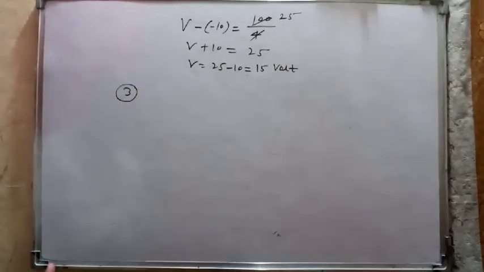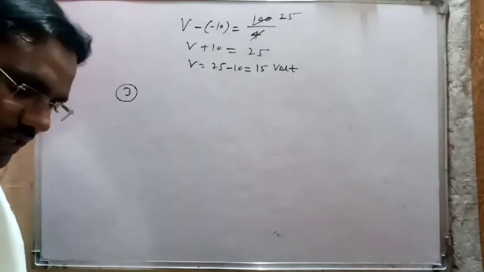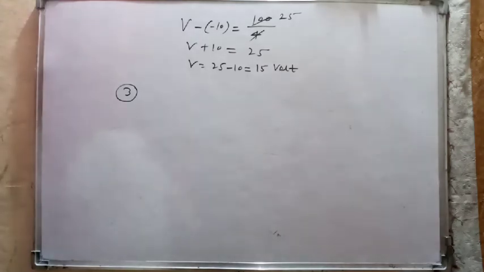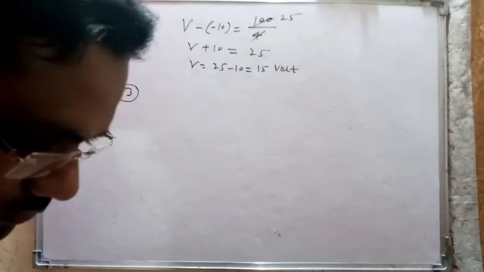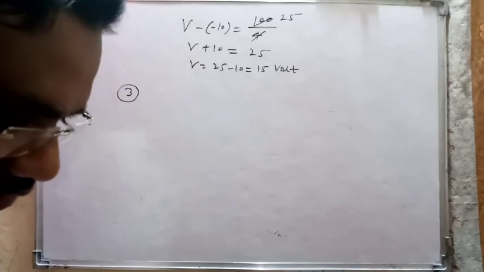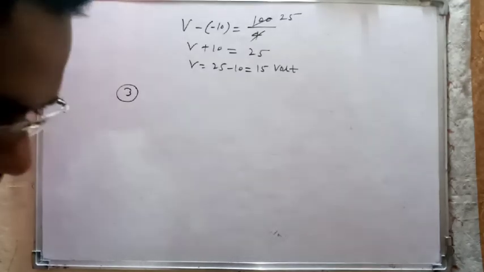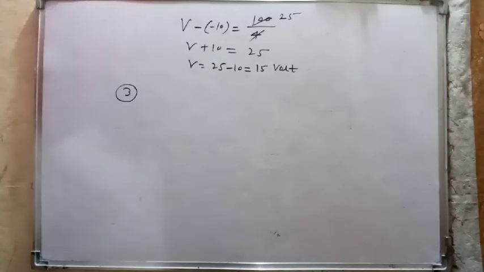Third numerical in PDF. Calculate the work done in bringing a charge 1 into 10 to the power minus 9 coulomb from infinity to a point at distance 3 centimeter from a point charge. Here bringing a charge, that means test charge.